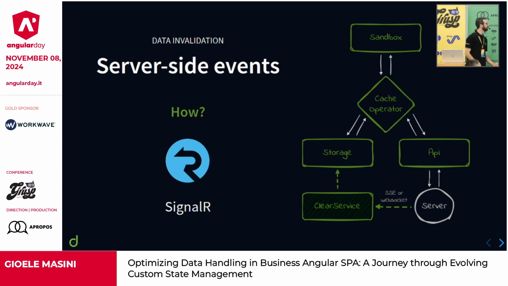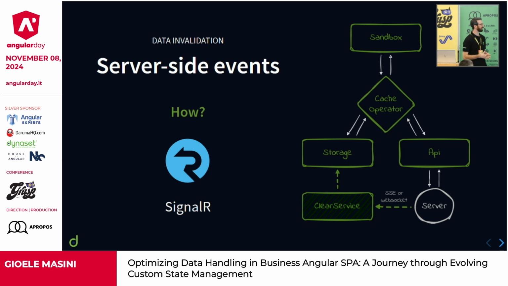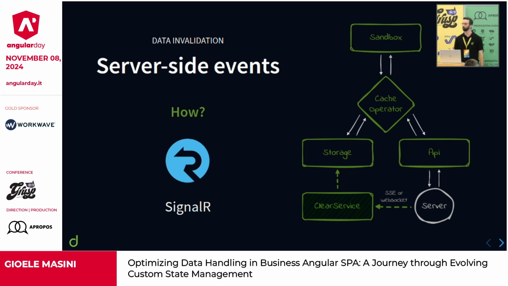We had another more advanced implementation, but also heavier, because it involves our backend. We decided to use server-side events. This way, when needed, we can ask our server, or it's better to say, our server says, using server-side events or WebSockets, that this data has changed, so you should update it if you need.